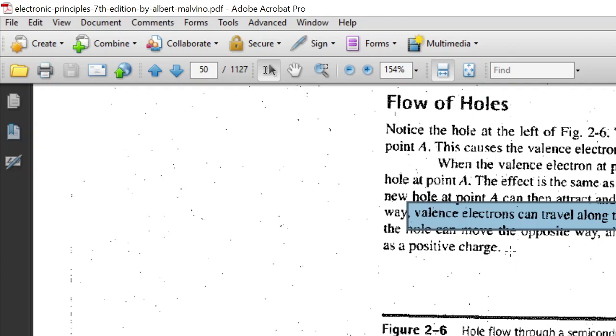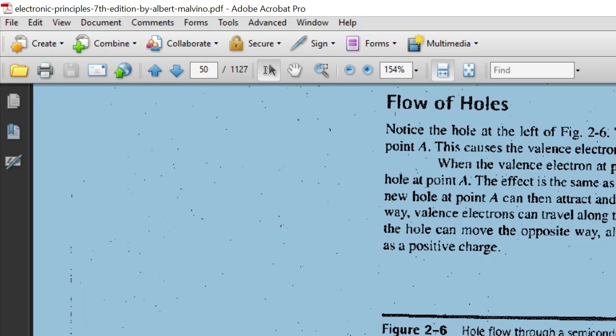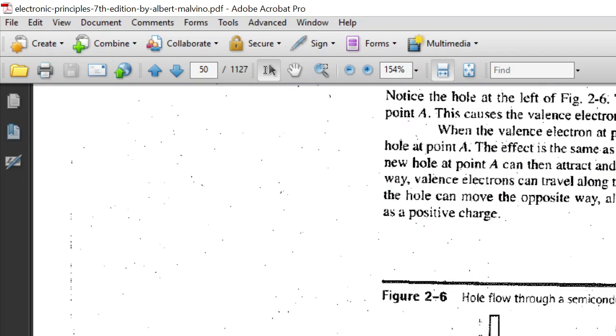However, when you see it from the perspective of a hole, the hole is moving in the opposite way, along the path A, B, C, D, E, F, and acting similar to a positive charge.